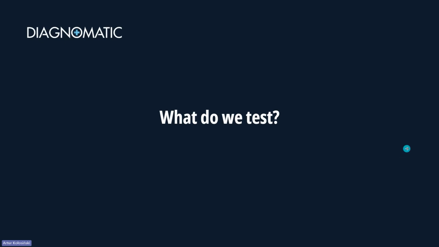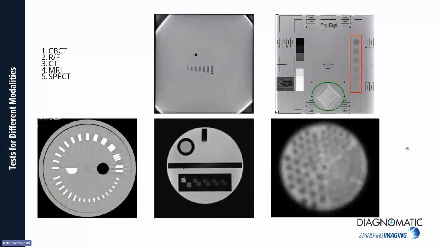How do we do the tests? We do almost the same measurements in different modalities. From the top right, we have a CBCT, an X-ray or fluoroscopy phantom, and a phantom for the CT.